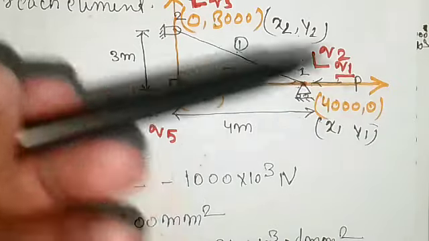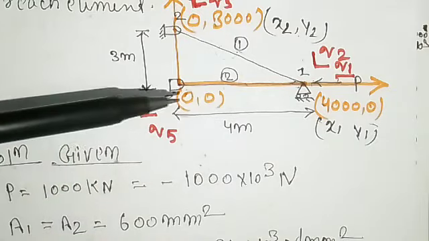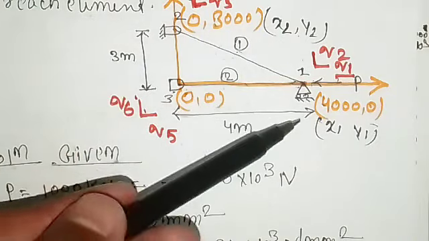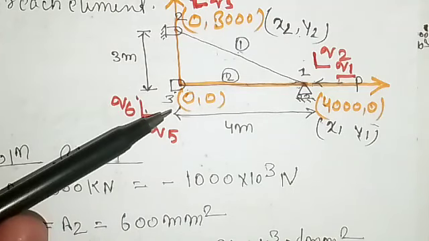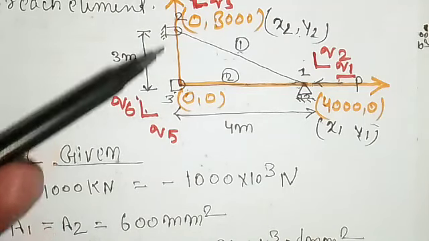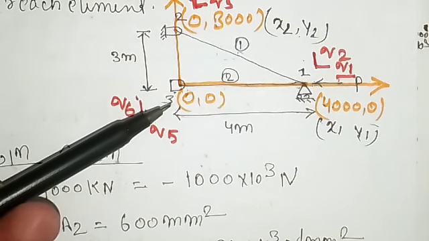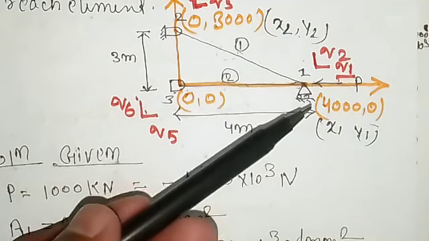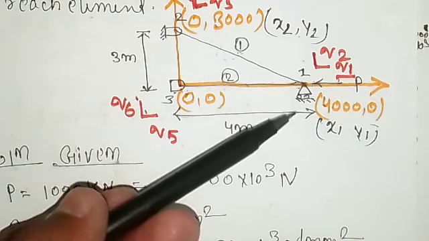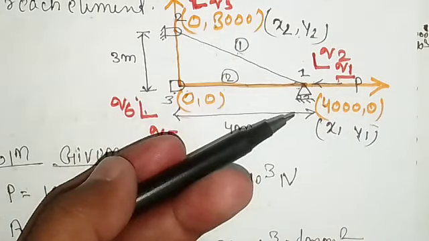Roller support means when the load acts on the truss member, it can move horizontally, but vertically it cannot move. Why? Because it is hinged, right? At node 2 and node 3 it is hinged, so neither can it move on the x-axis nor on the y-axis. So at these nodes, all the horizontal and vertical nodal displacements are 0, and at this node the vertical displacement will be 0 and the horizontal displacement has some value. Why? Because roller is there, right?